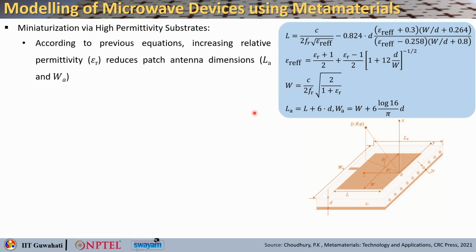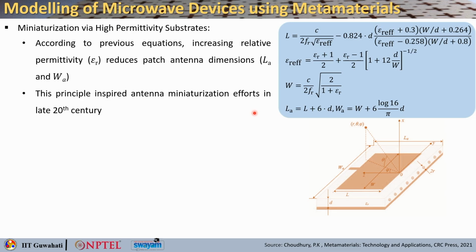So that means if you can increase the effective permittivity of the dielectric material between the patch and the ground plane, you will get an overall smaller dimension of the patch antenna, right. And this principle leads to the idea of miniaturization of the patch antenna, okay.